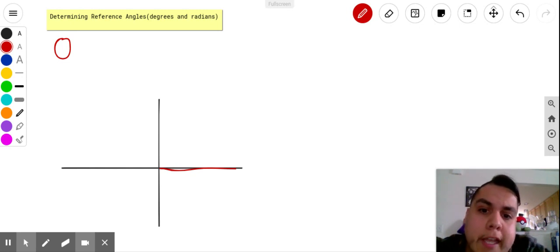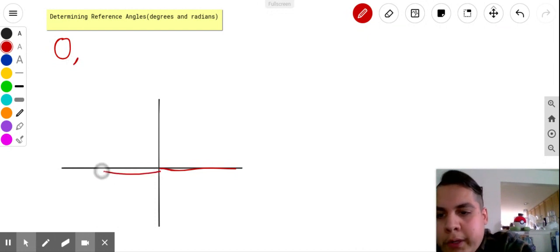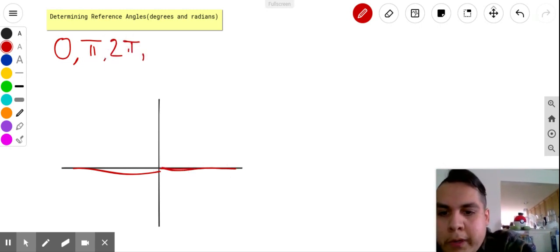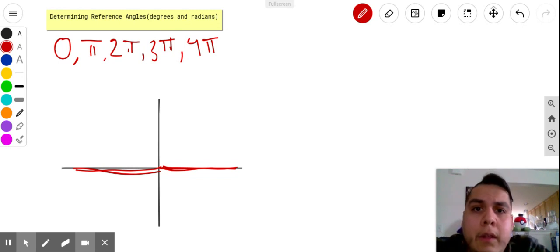So that means that angles that would have a reference angle of 0 radians would also have to be on the x-axis. So you could have 0, you could also have pi, we could also have 2 pi, we could also have 3 pi, and we could have 4 pi. And hopefully you guys are trying to pick up on what I'm laying down.